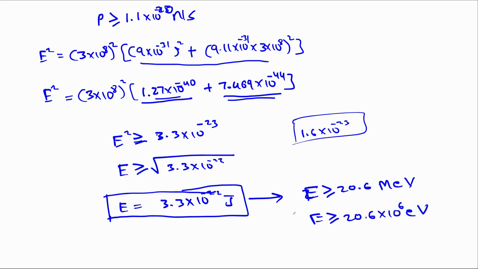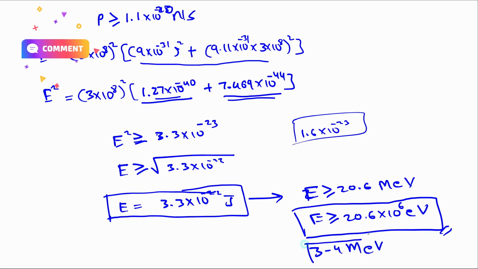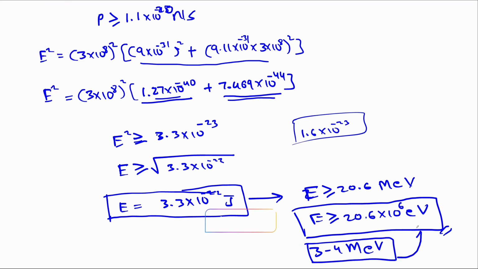This much energy we get theoretically, but experimentally we get only 3 to 4 mega electron volt. This proves the electron never resides inside the nucleus. This is the end of the derivation.